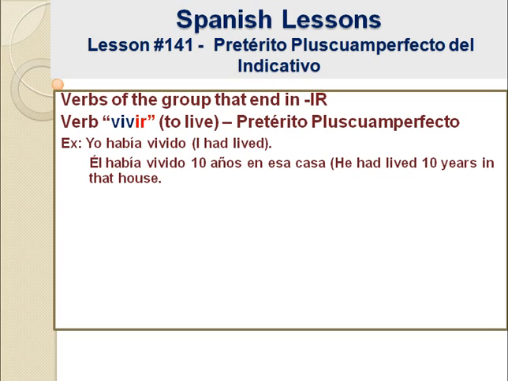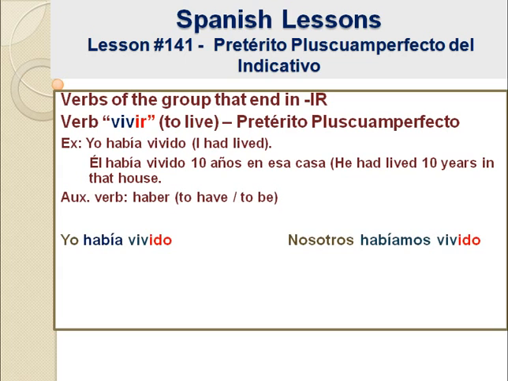This means he had lived 10 years in that house, okay? Había vivido or had lived would be the pretérito pluscuamperfecto. So you can see here when we use the pretérito pluscuamperfecto, okay? If you think of the English tense, I had lived, you can see when it applies.